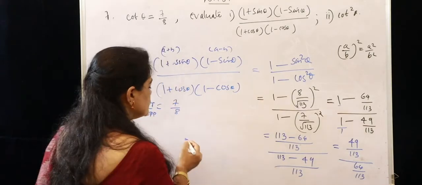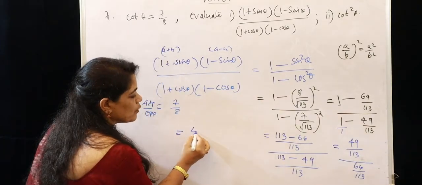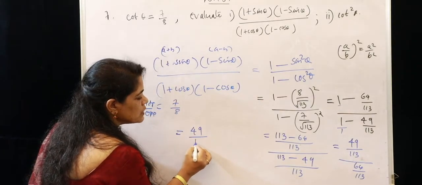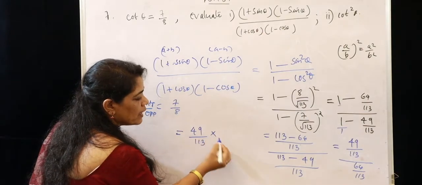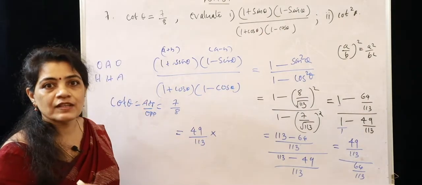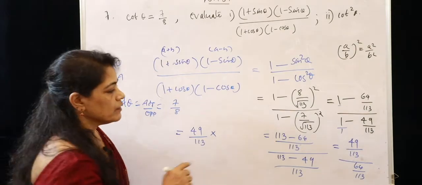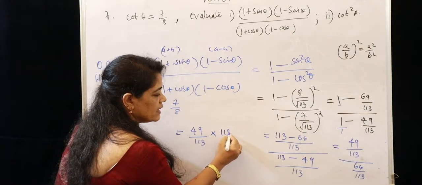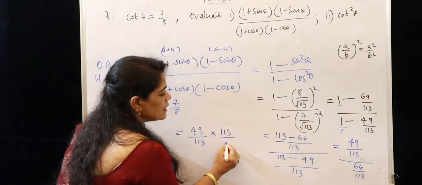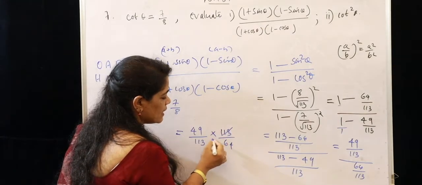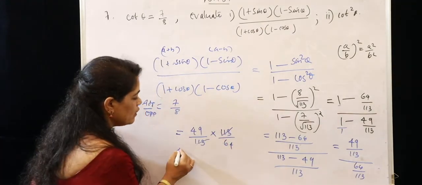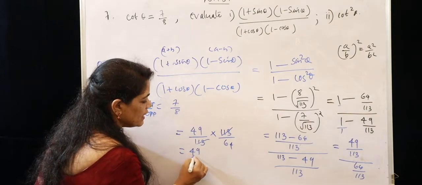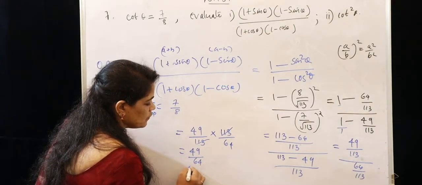Or you can write one more step, that is, take the reciprocal of the new denominator, no change for the numerator, and we can multiply with the reciprocal of the second. Reciprocal of the second is 113 divided by 64. So this can be cancelled and finally you will be getting 49 divided by 64.